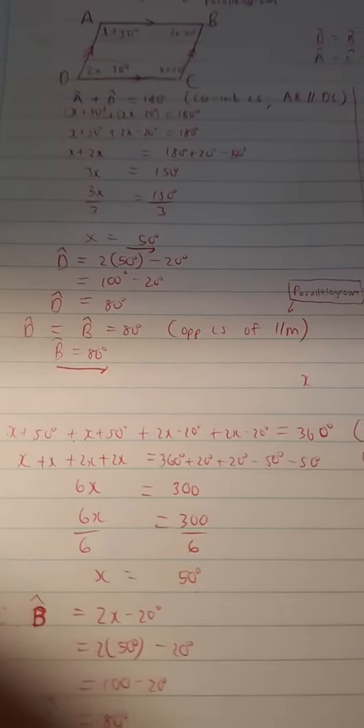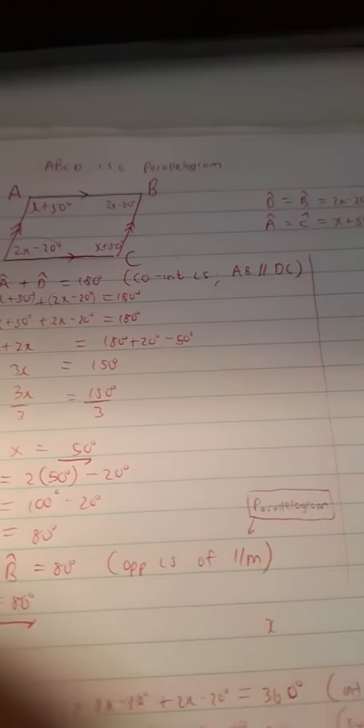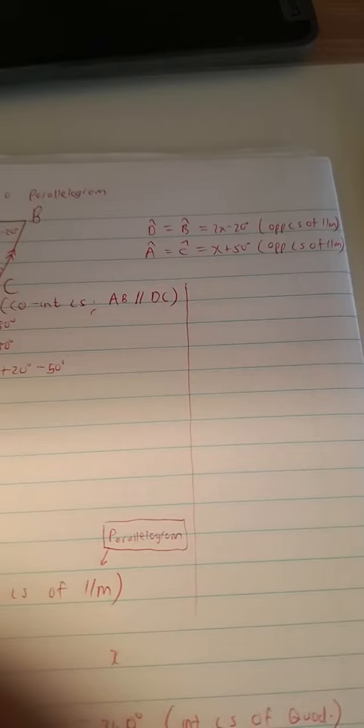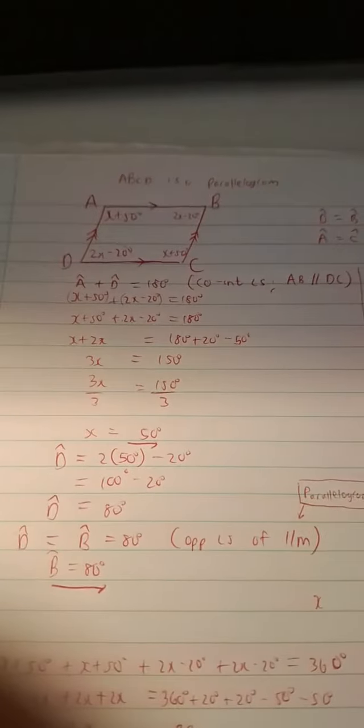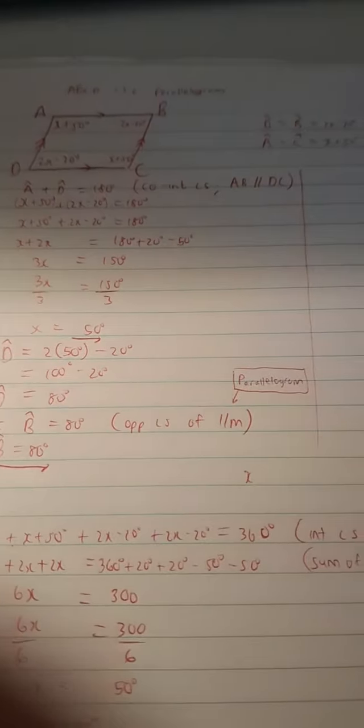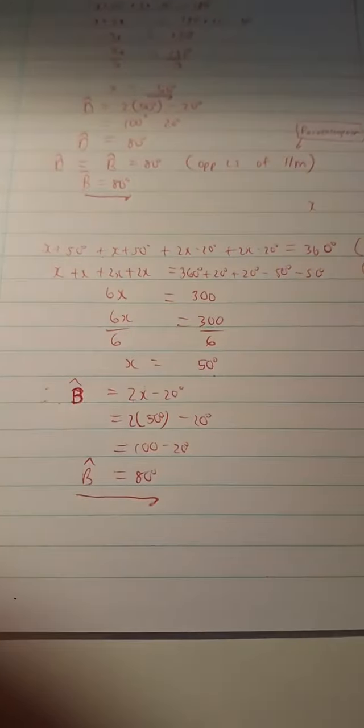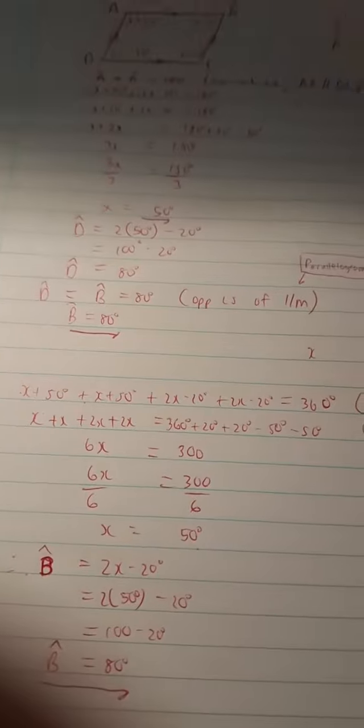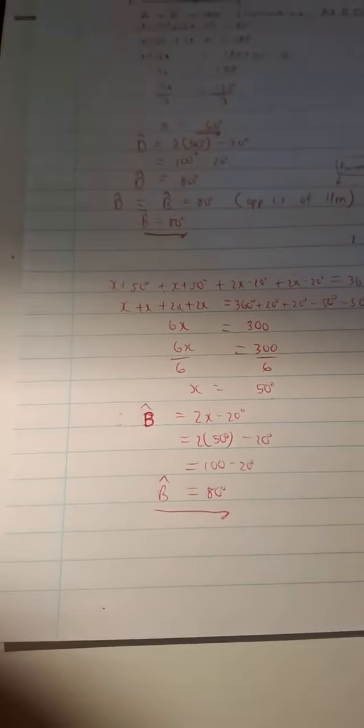No problems. Alright? So 2 ways. These are 2 different approaches, but they all lead to the same what? To the same answer or conclusion. Alright? Hopefully that's clear. Very clear.